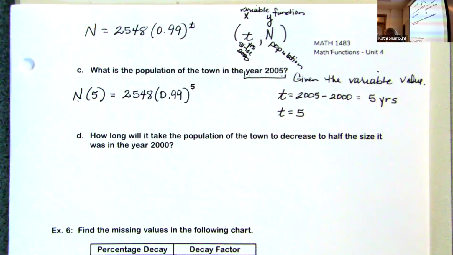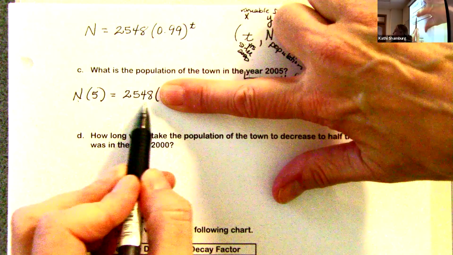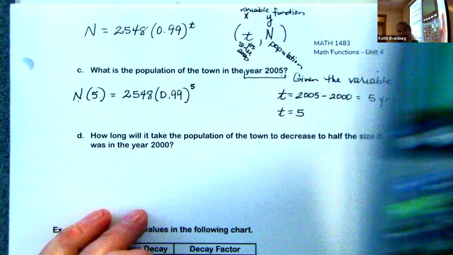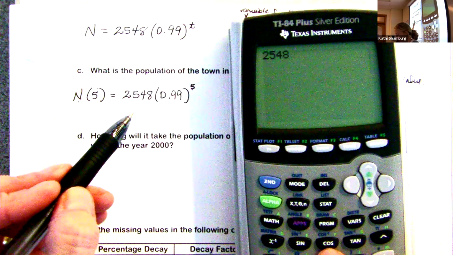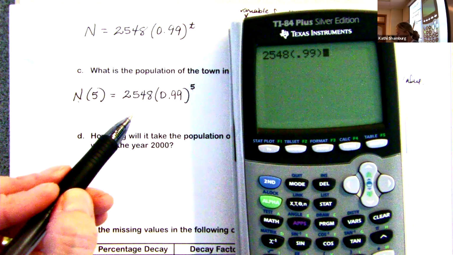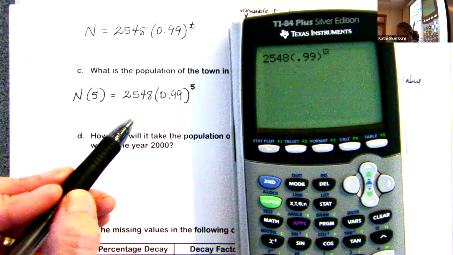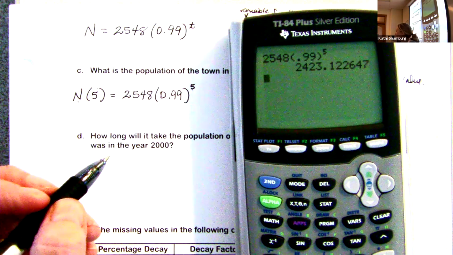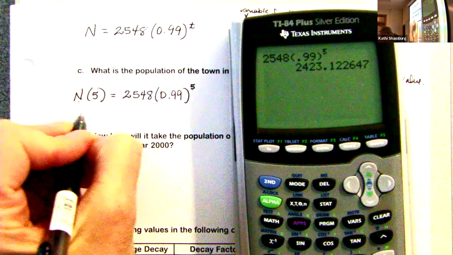Now we do know, what do we have, growth or decay here? Decay, so doesn't it make sense that it better be a number smaller than my initial population? Yeah. All right, reminder how to put it in your calculator: 2,548, open parentheses, 0.99, close parentheses, and then this up arrow is how you get to the exponent of 5. I'm going to go out 2 decimal places, but pay attention to WebAssign. I don't know what they will have you do.